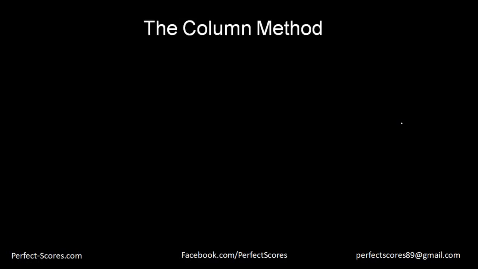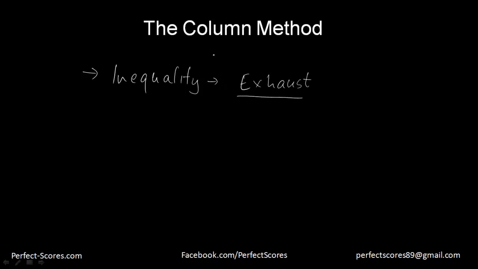So the column method. Now what exactly is the column method? Before I apply it to a question, I want to give you the overview. When it comes to inequalities in GMAT, the question asks us to exhaust all the possibilities, to see all the possible combinations. If you want to exhaust all the possibilities, the column method comes into place.